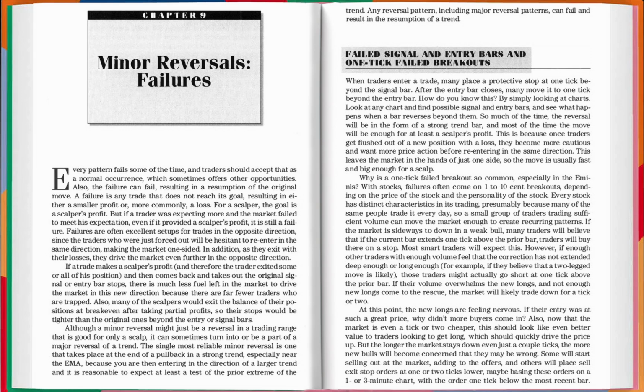Failures are often excellent setups for trades in the opposite direction, since the traders who were just forced out will be hesitant to re-enter in the same direction, making the market one-sided. In addition, as they exit with their losses, they drive the market even further in the opposite direction.